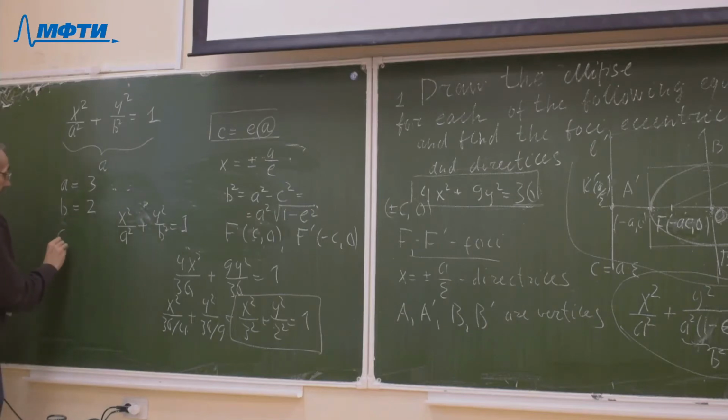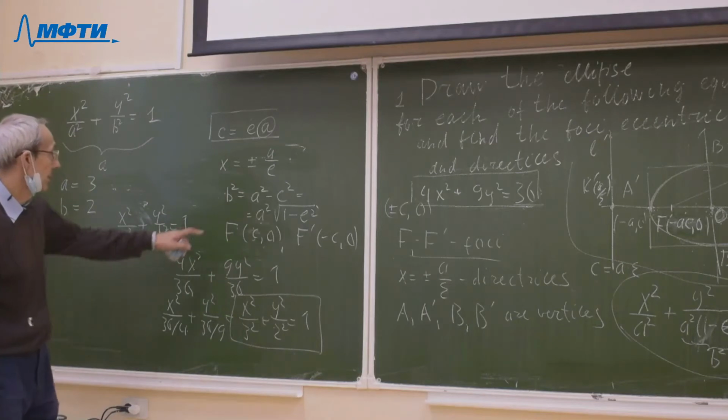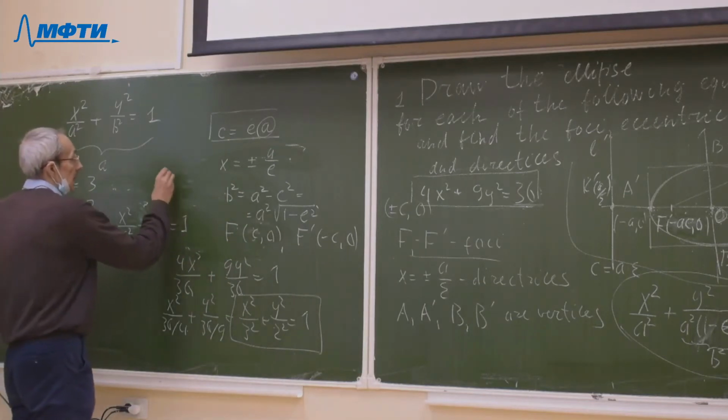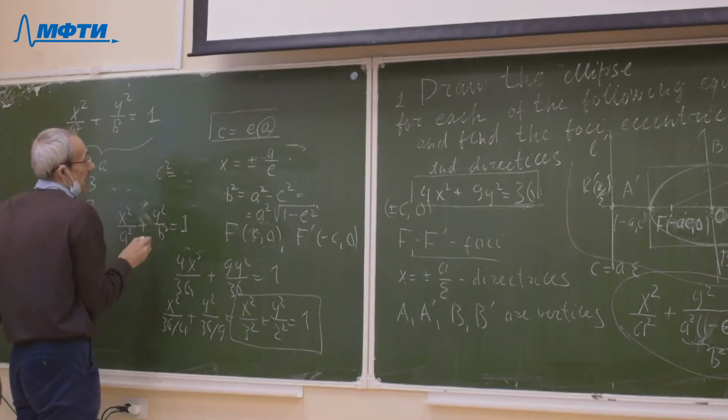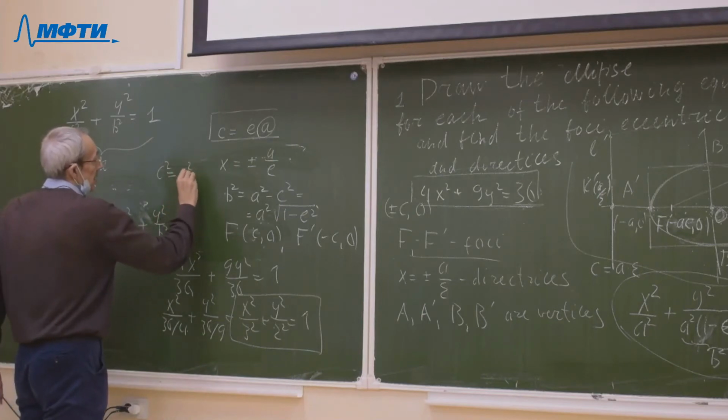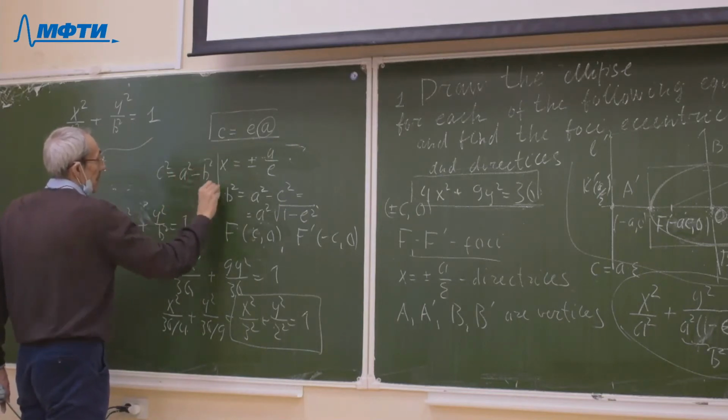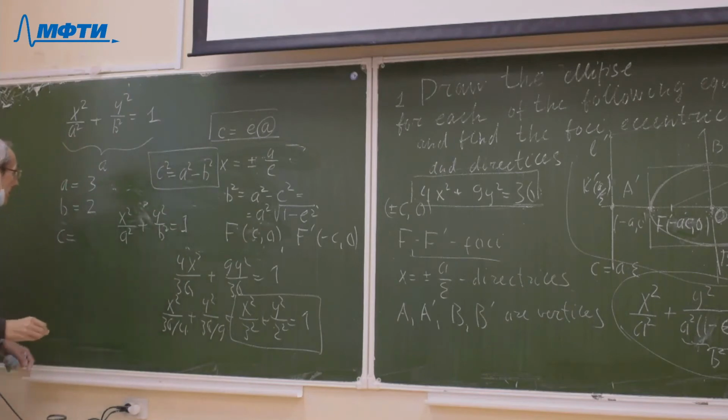How to calculate c? You can write this formula in the following form: c squared is equal to the difference a squared minus b squared. And if we substitute our values of parameters a and b in this formula, we obtain that c is equal to what?